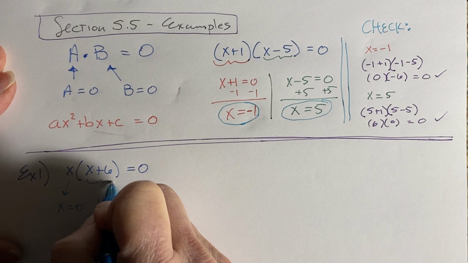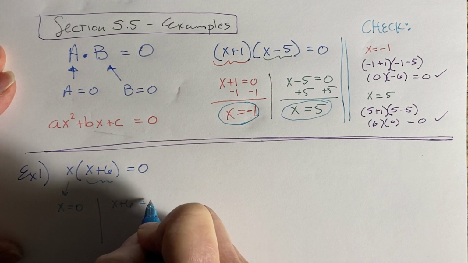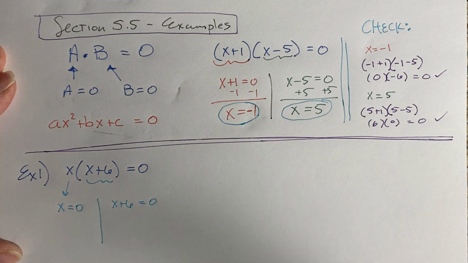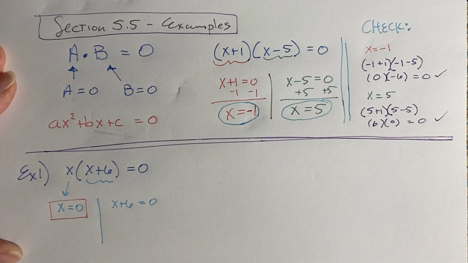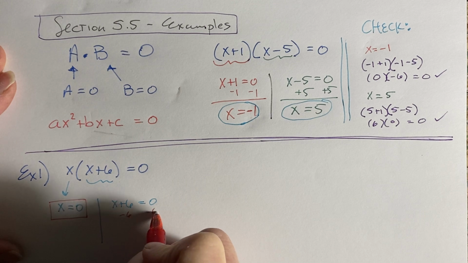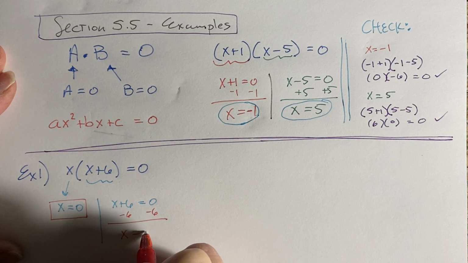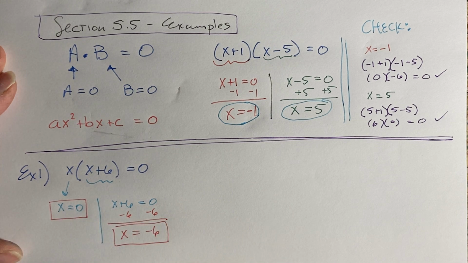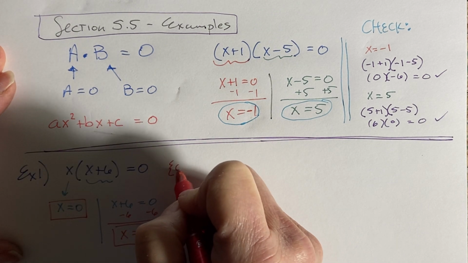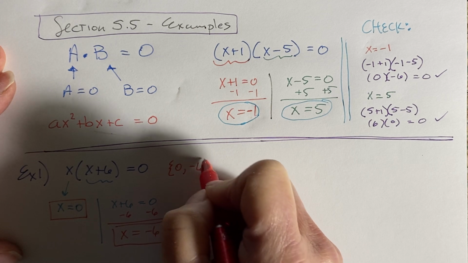And then I have the x plus 6 factor, set that equal to 0. Now x equals 0, there's nothing I have to do there. That one's done. This one, I'm going to subtract 6 from both sides, and I have -6. So I have two solutions, 0 and -6.